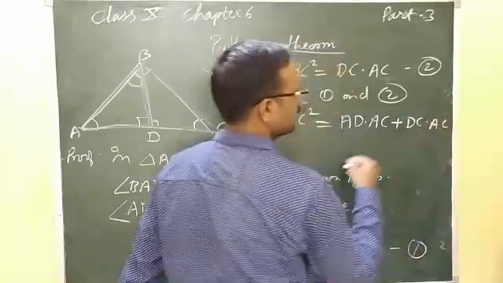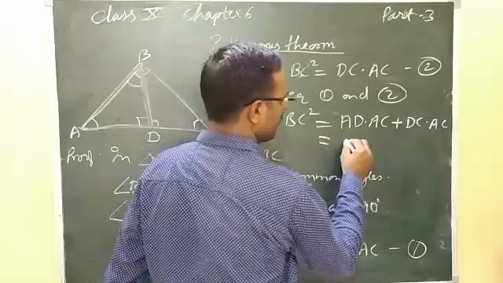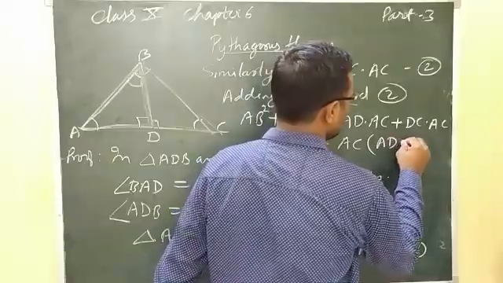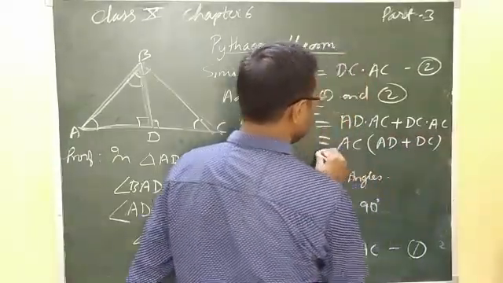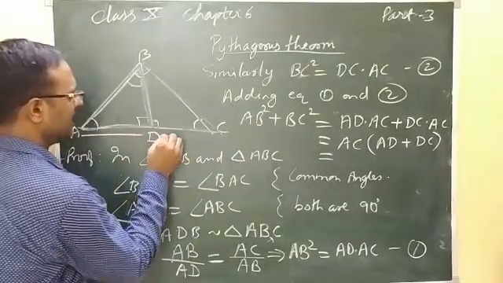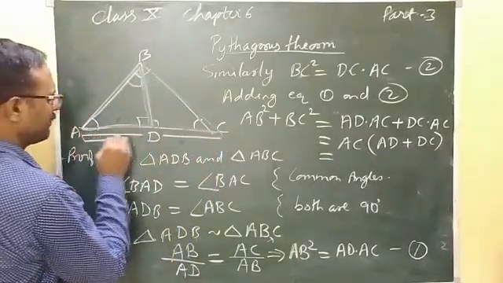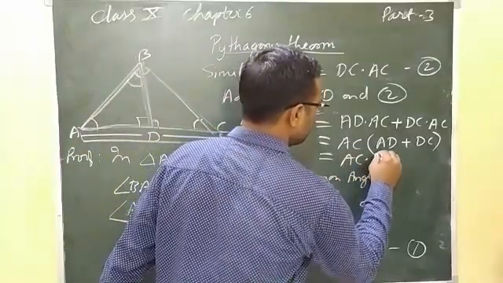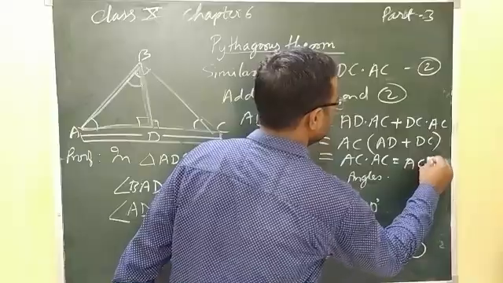Dot means multiplication. Now we can take AC as common from the two. We will be left with AD plus DC. And what is AD plus DC? This AD and DC, if added, they will become AC. So we can write AC into AC, which is equal to AC square.